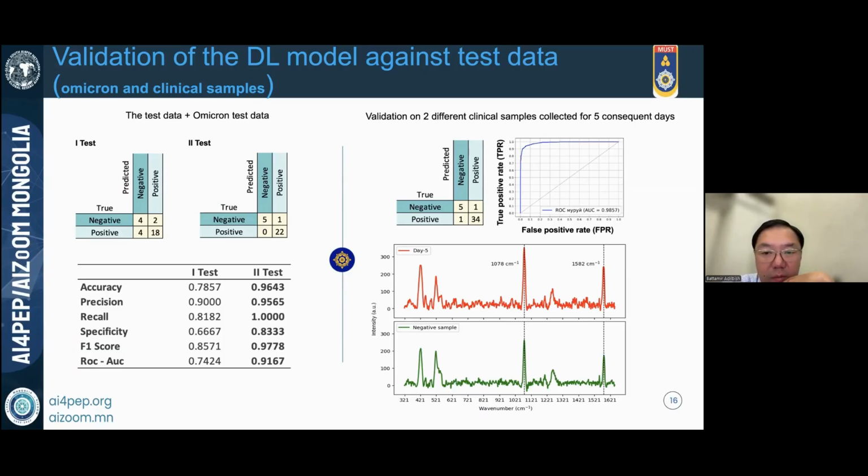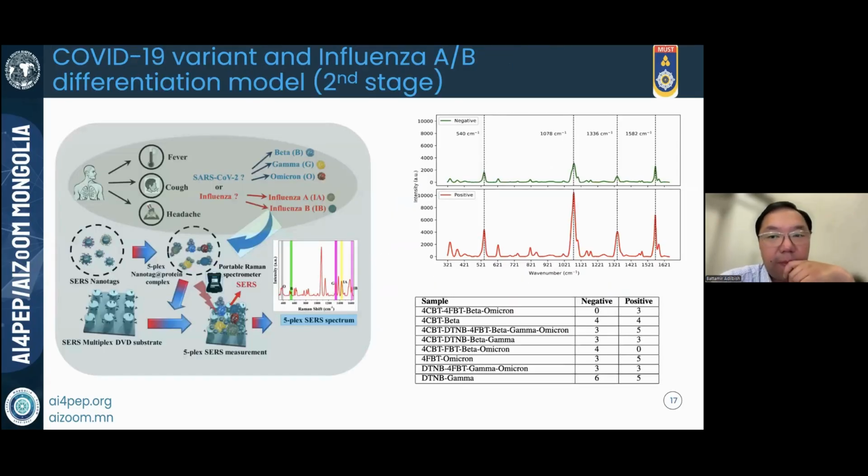The deep learning model made only 1 wrong prediction. The result was very good. So now we have talked about the binary classification.